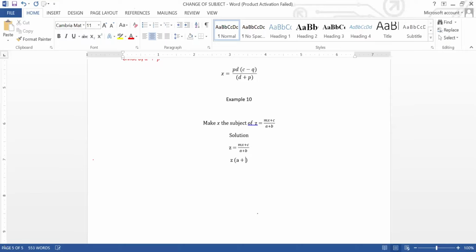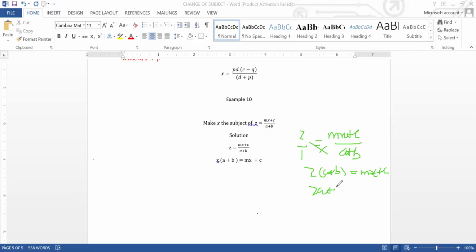Okay. So Z, A plus B is equal to MX plus C. I'll cross multiply, guys. Z is over 1, assuming Z was over 1, and it's equal to a fraction against another fraction. So I just cross multiply. I get my Z into bracket A plus B is equal to MX plus C. That's it. Straight up.